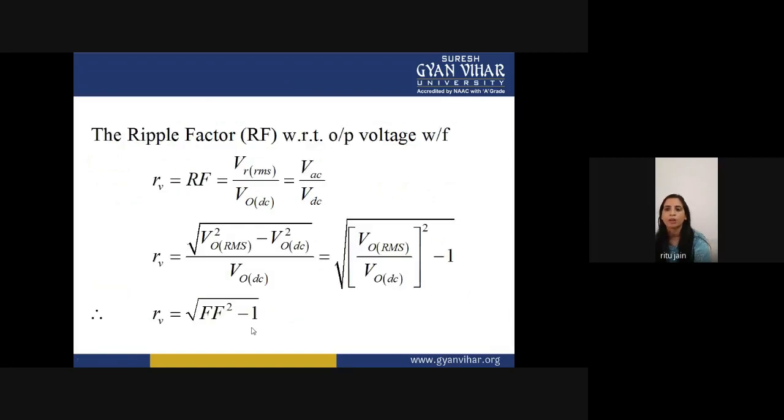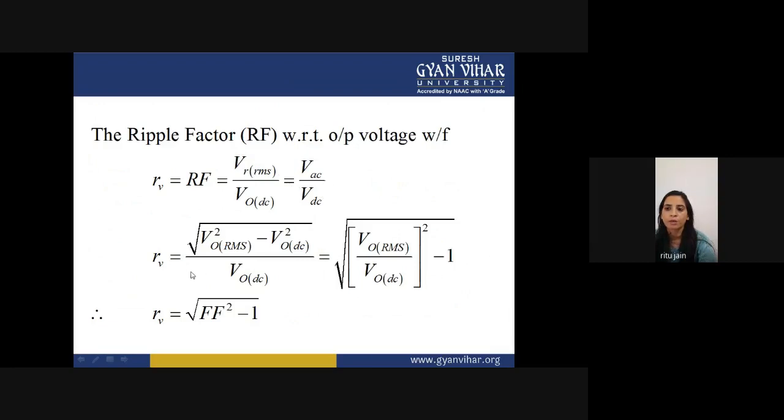So the ripple factor RF with respect to output voltage is given by R V. This is the ripple factor. The formula for ripple factor is given by the RMS voltage upon DC output voltage. If you talk about the RMS voltage, you have to consider the AC voltage upon DC voltage.